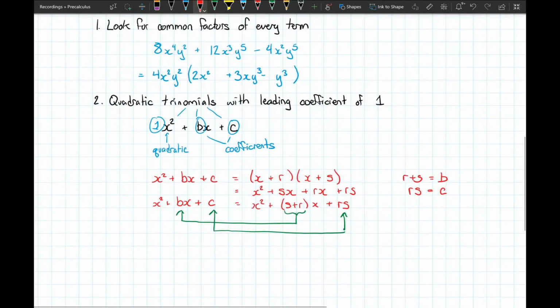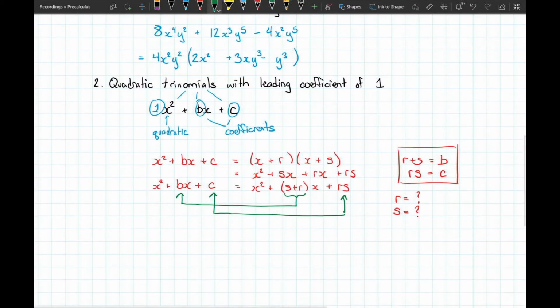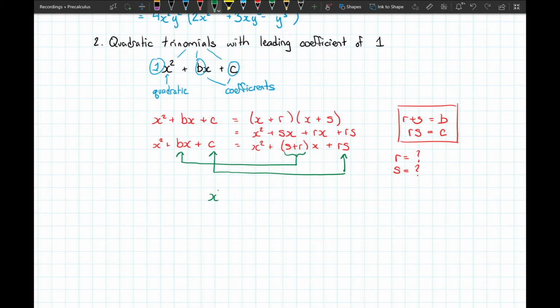So what you can do if you're trying to factor a trinomial into two binomials like this is figure out what is r and what is s, so that those two numbers satisfy these two requirements. R plus s must add up to the coefficient of the middle term, and r times s has to equal the constant term.